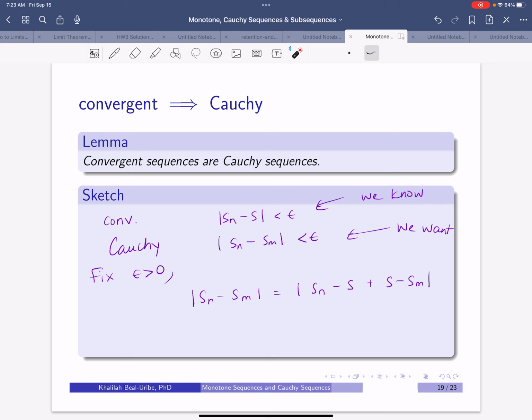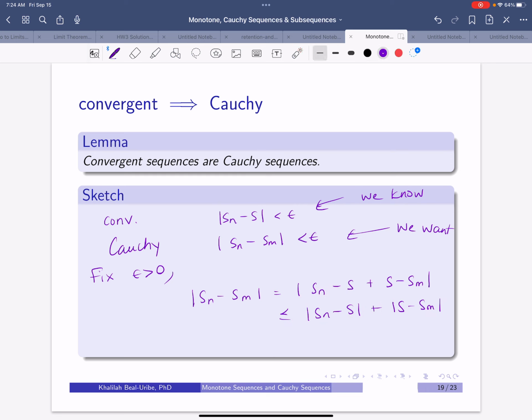Now we can use the triangle inequality to say that the distance between Sn and Sm is less than or equal to the distance between Sn and the limit plus the distance between Sm and the limit.